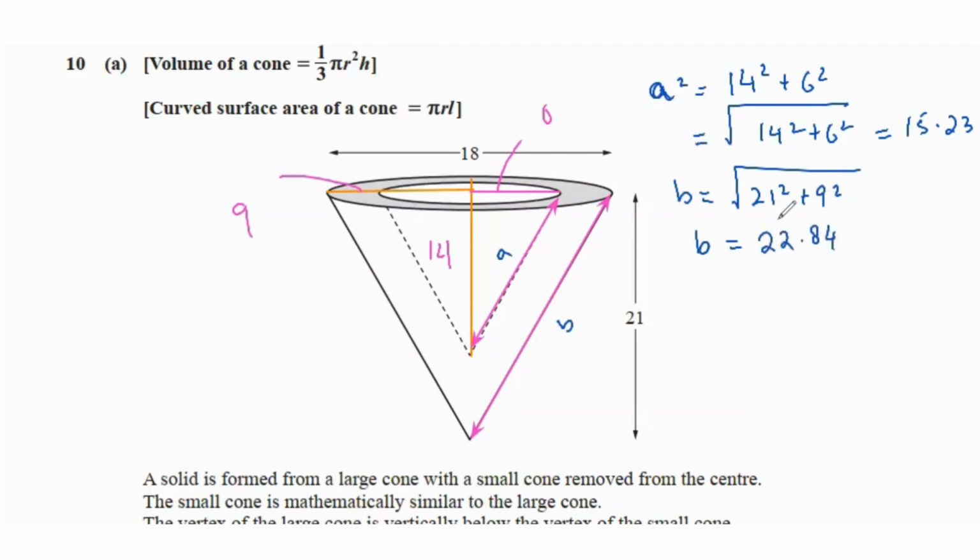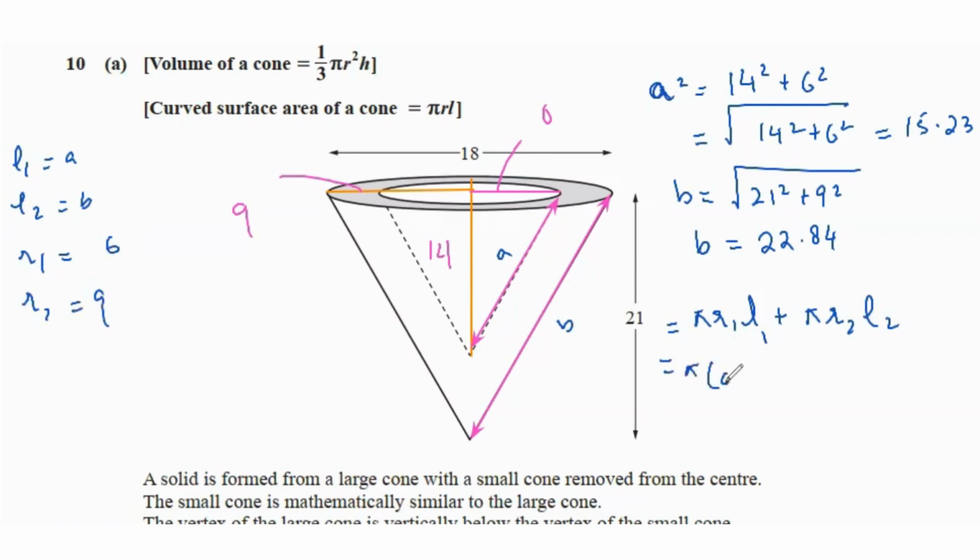So now we're going to find the curved surface area of the solid. So that's going to be pi R1 L1 plus pi R2 L2. L1 is A, L2 is B, R1 is 6, and R2 is 9.